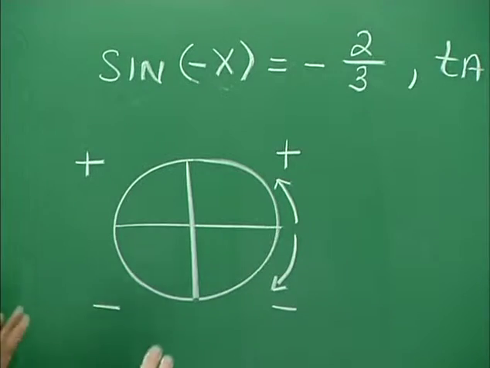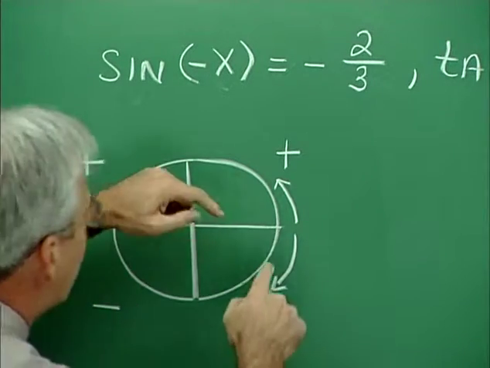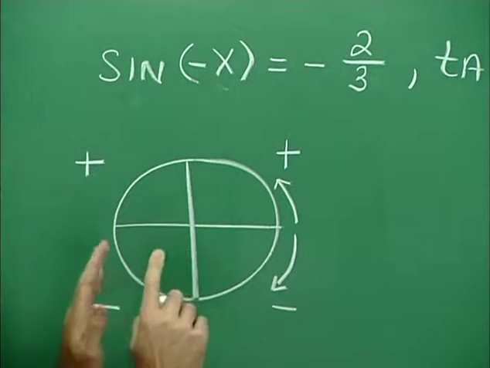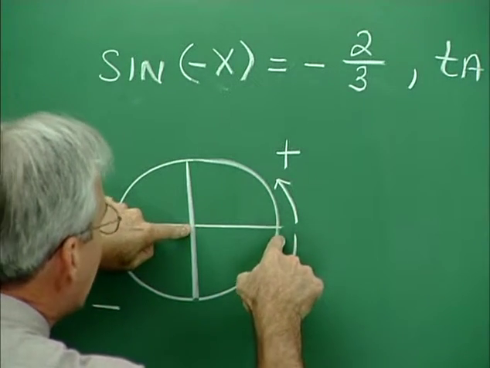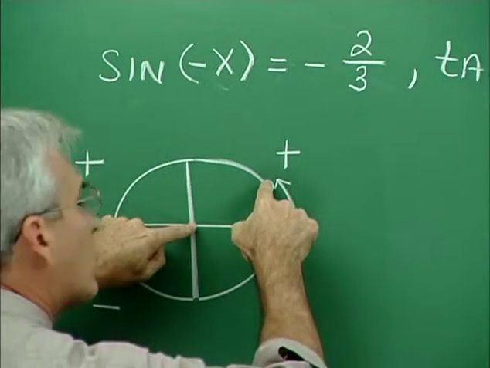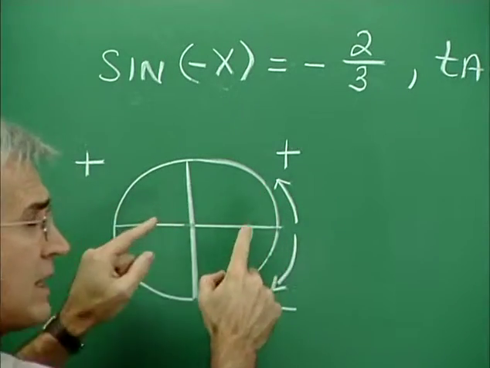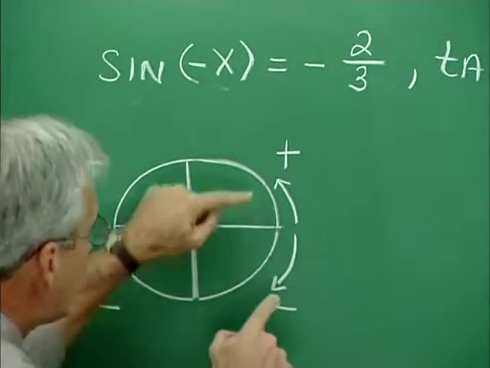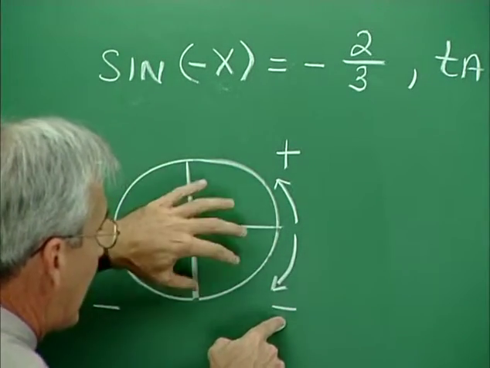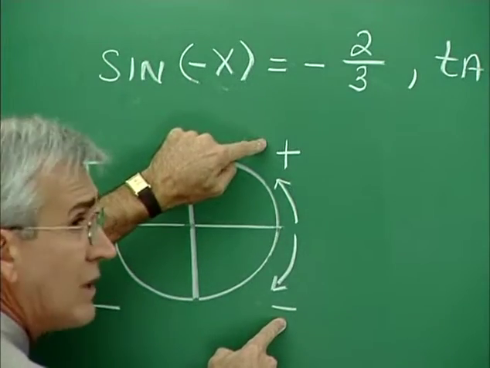Okay, now, with that in mind, if we're thinking about a negative angle of, let's say, 30 degrees, so we have negative 30 degrees, and up here we would have 30 degrees. Well, the numerical part of the answers will be the same, but the signs will be different, because the sine of an angle is negative in this quadrant and positive in this one.